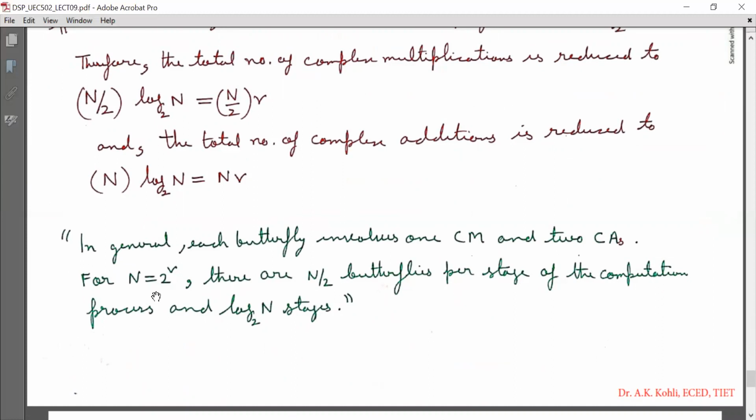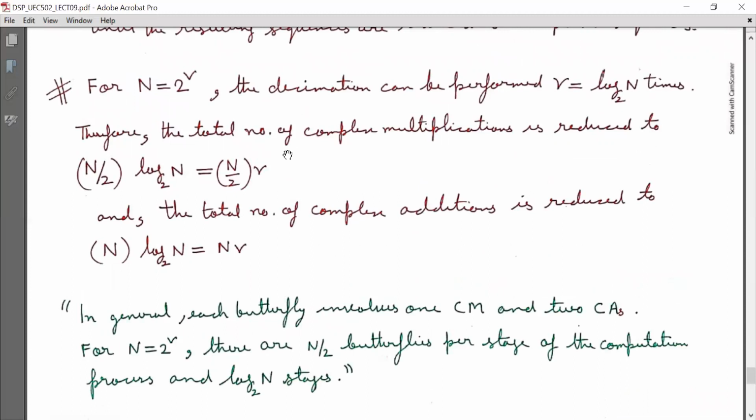For n equal to 2 raised to power v, there are n by 2 butterflies per stage of computation, and there are log 2n stages, that is v. V is equal to log 2n. Number of stages are log 2n, and at each stage there are n by 2 butterflies.